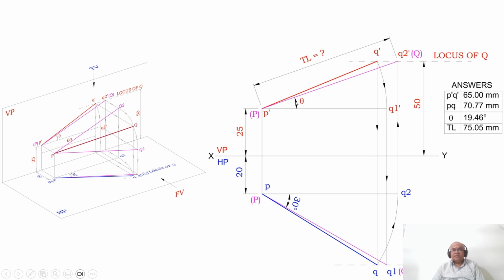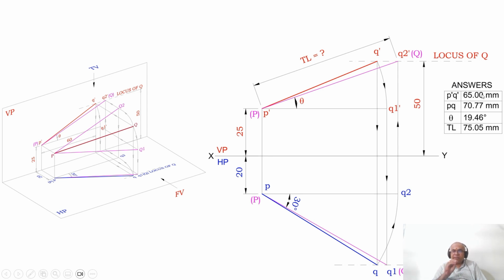So you measure the angle theta here, and then you find out the true length and the apparent length, and this is also the apparent length here. So how to get that? P dash Q dash will be 65, PQ is equal to 70.77, theta is equal to 19.56, and true length will be 75.05 mm when we are measuring it using CAD software.